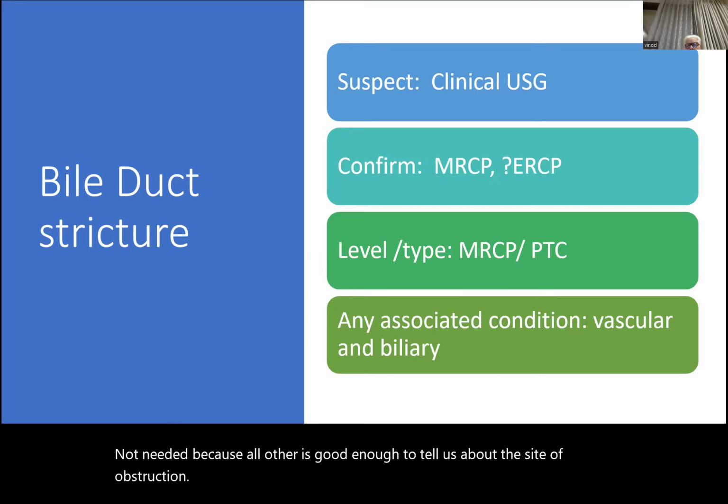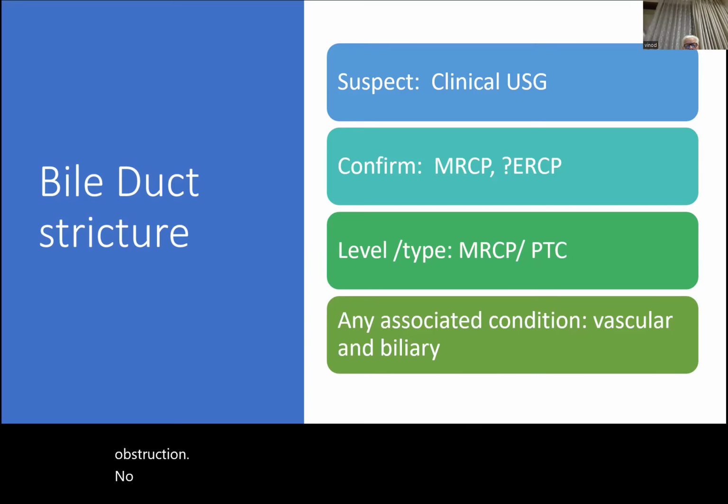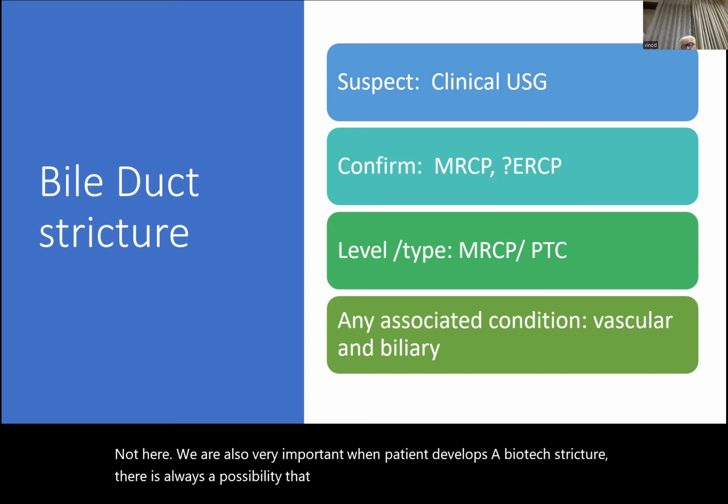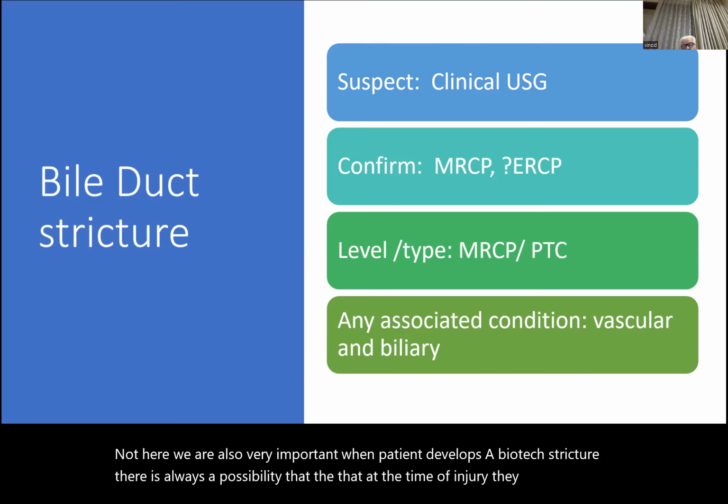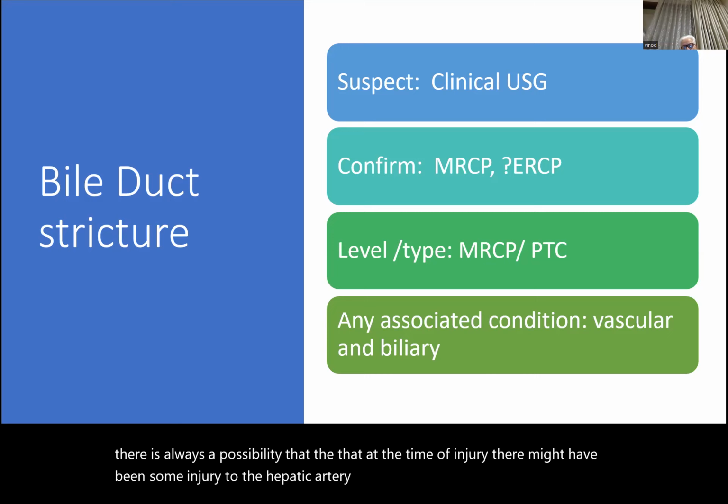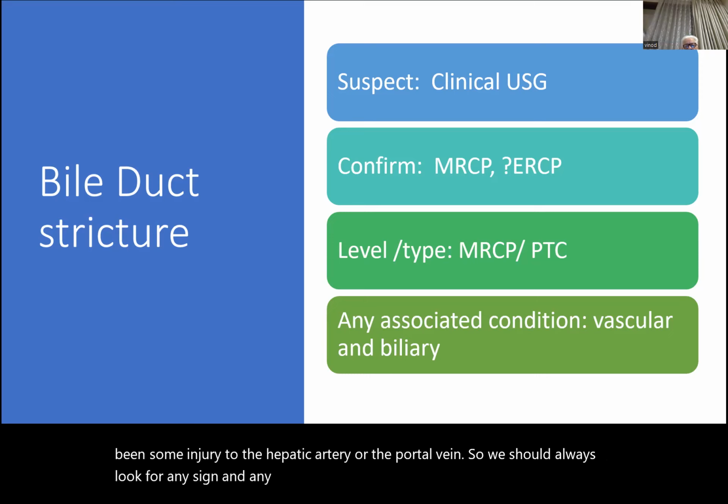Here we are also very important. When a patient develops a bile duct stricture, there is always a possibility that at the time of injury, there might have been some injury to the hepatic artery or the portal vein. So we should always look for any sign and any feature of any vascular or associated biliary injury.